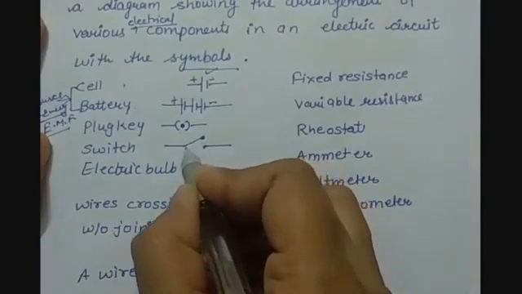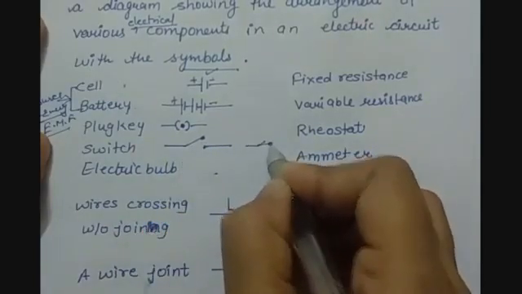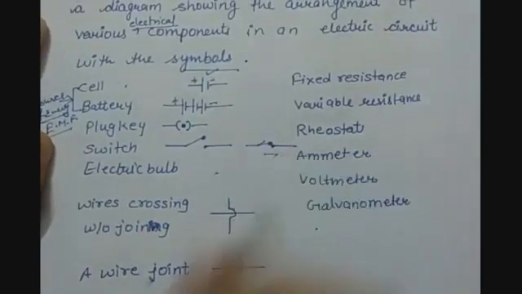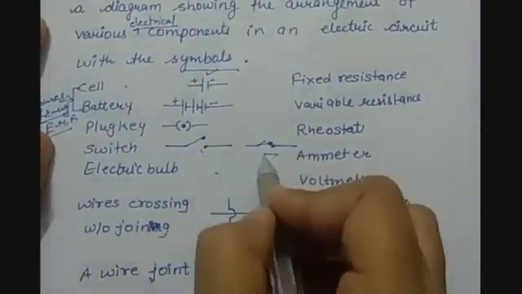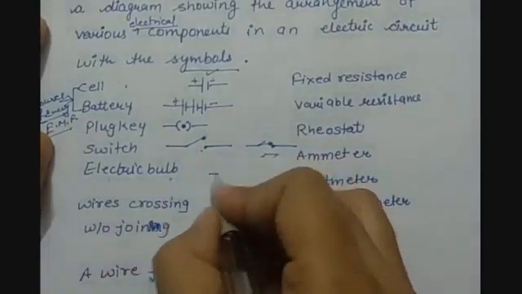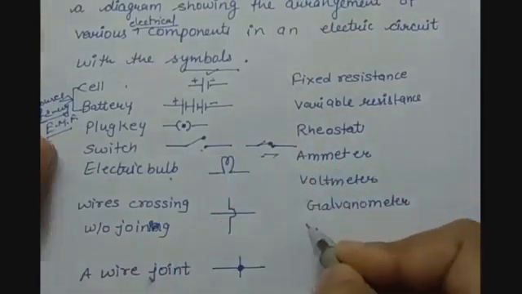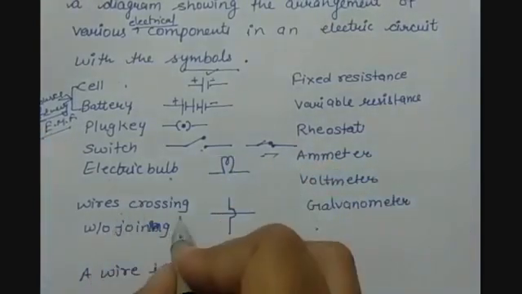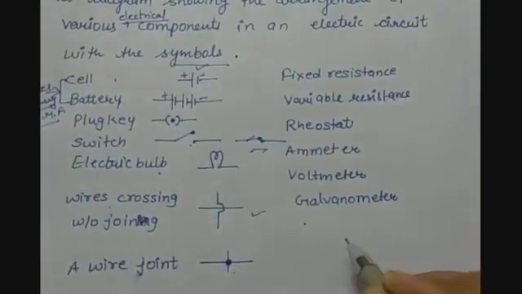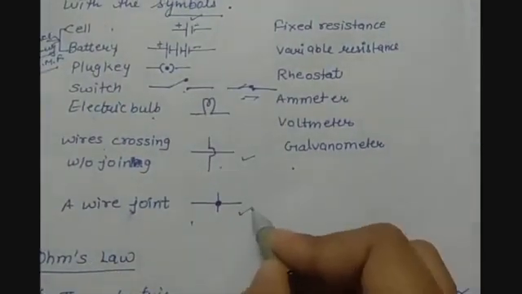If we do it this way, then this becomes a closed switch, the off and on situation. An electric bulb or lamp is made with this symbol. Wires crossing without joining are made with this symbol. A wire joint is shown with this symbol.